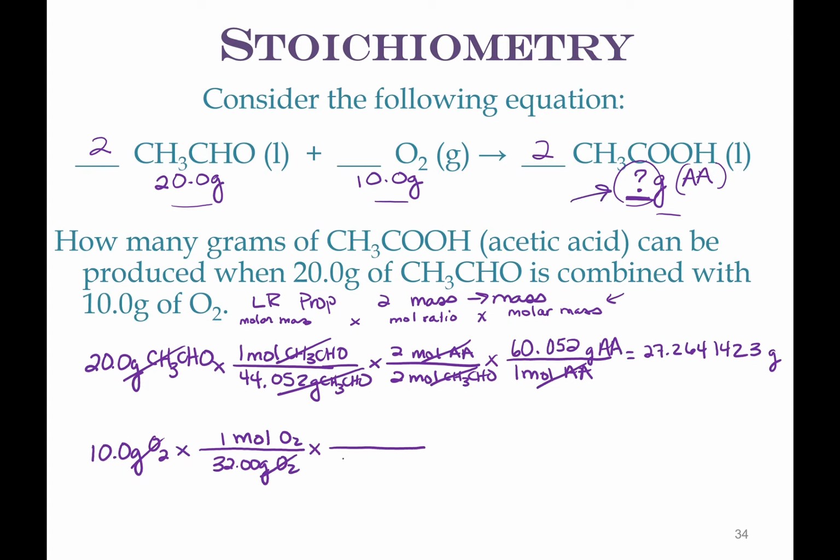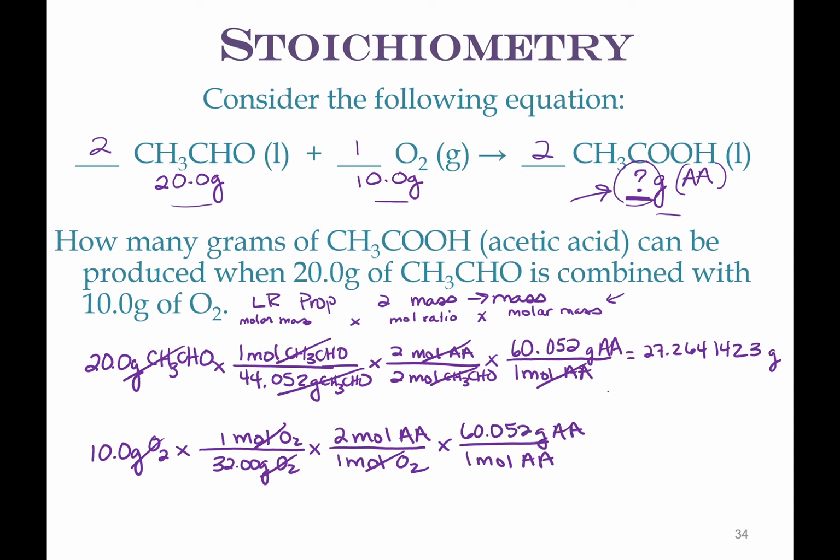So 1 mole of oxygen, because there's a 1 here, is going to produce 2 moles of acetic acid. And those 2 moles of acetic acid, each 1 mole of acetic acid has a mass of 60.052 grams.